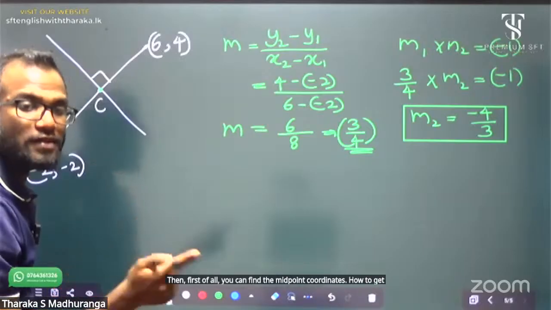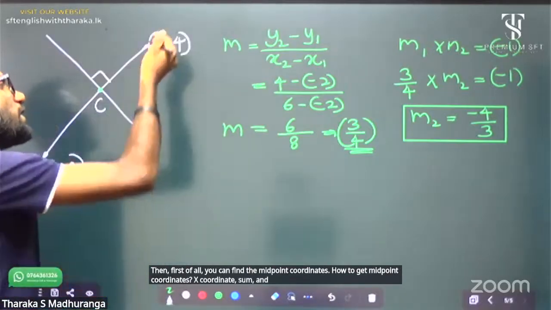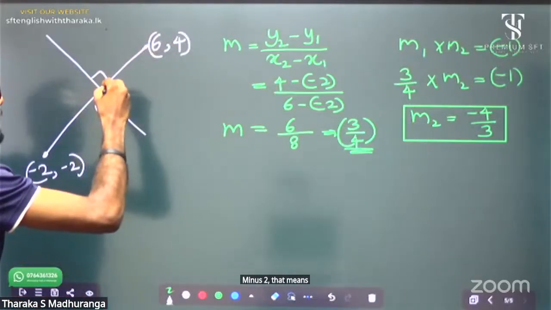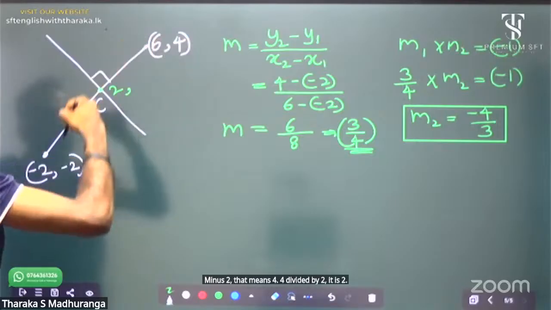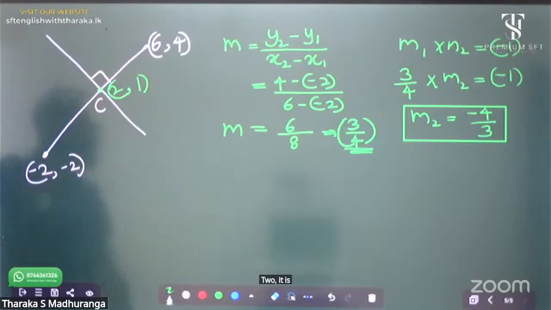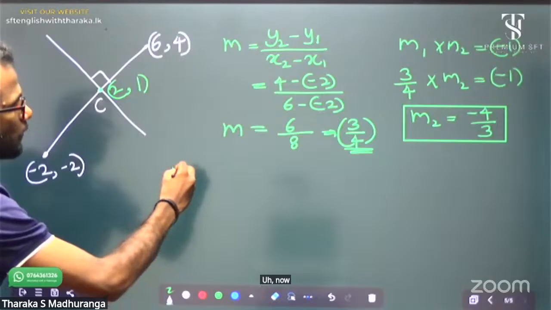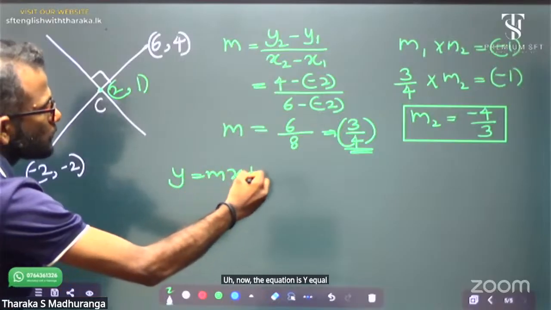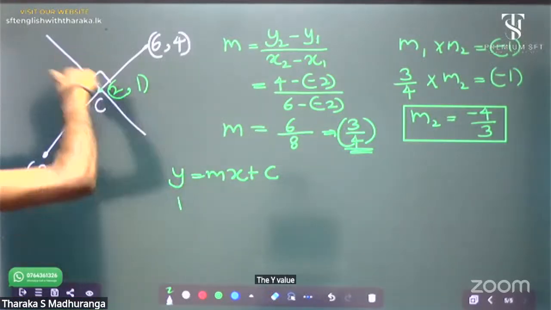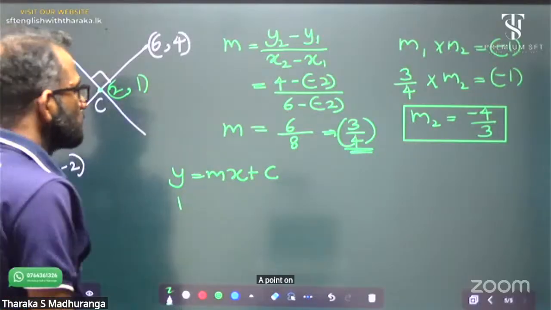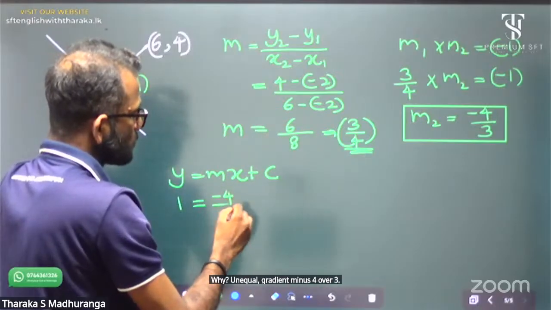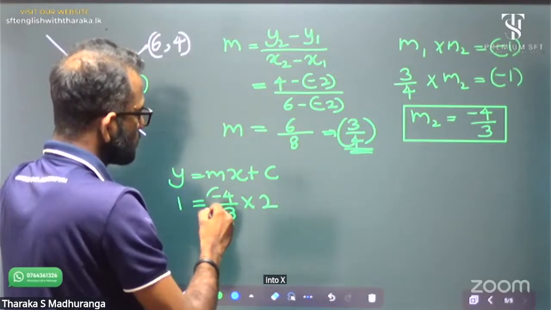How to get midpoint coordinates? Add the x coordinates and divide by 2. 6 plus -2 is 4, 4 divided by 2 is 2. For y, 4 plus -2 is 2, 2 divided by 2 is 1. Now the common equation is y equals mx plus c. The y value is 1, a point on the unknown line. So 1 equals gradient -4/3 into x, which is 2, plus c.